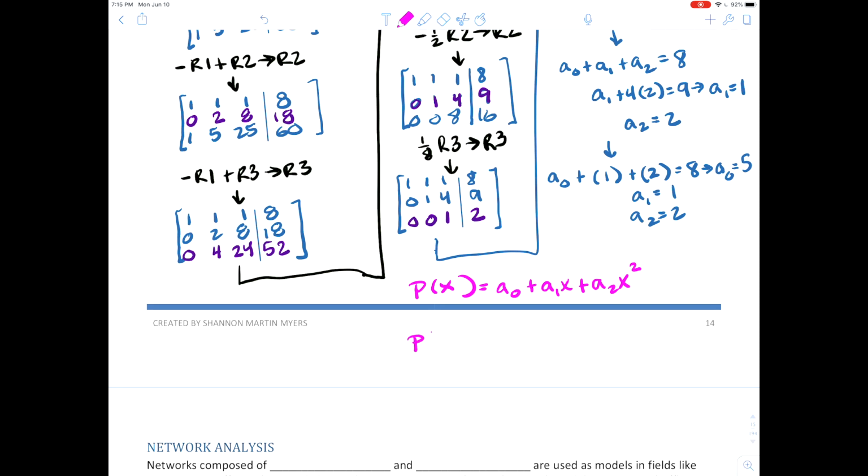And so our polynomial in x will be A0 was 5, A1 is 1, so we'll just have plus x, and A2 is 2, so we'll have 2x squared. And we're done. Cool? All right. So the polynomial that fit these 3 points turned out to be a quadratic that opens upward, right?